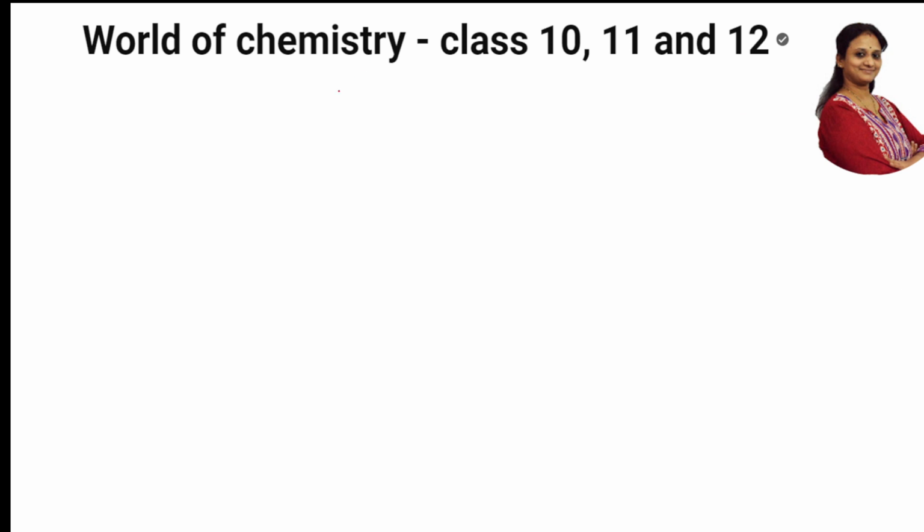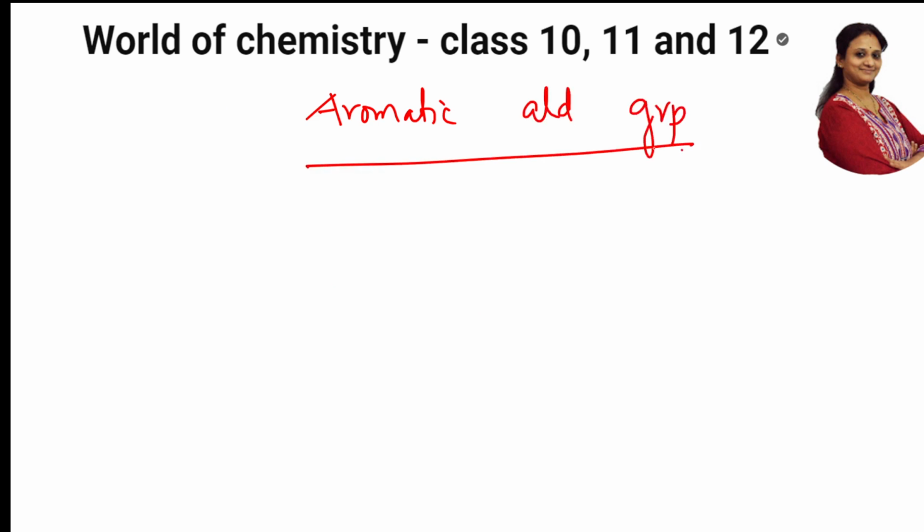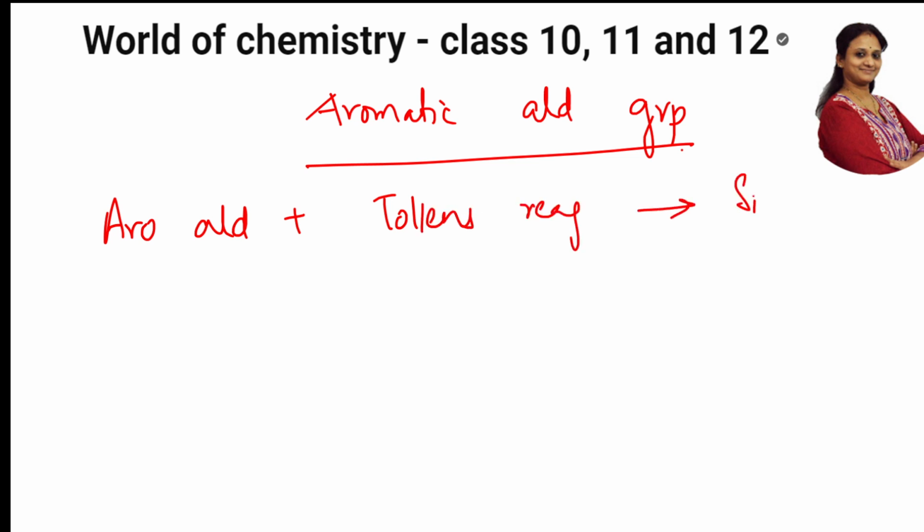Now we are going to write for the aromatic aldehyde group. So you tell me, students, first of all, aromatic aldehydes react with Tollens reagent. What do they give? They give the silver mirror test.